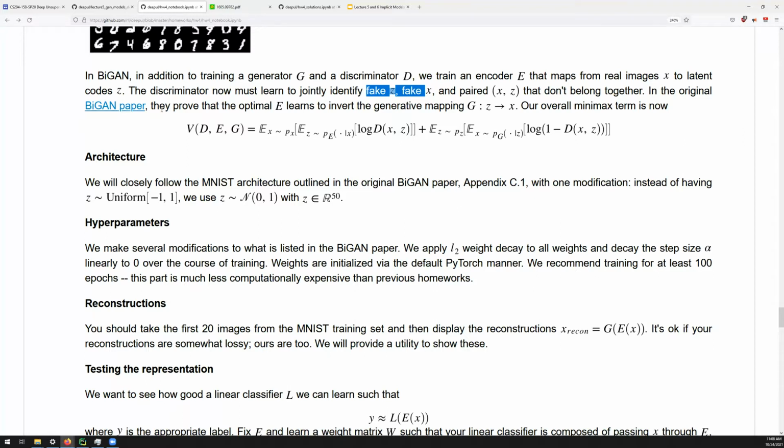In the original BiGAN paper, this is the minimax term.